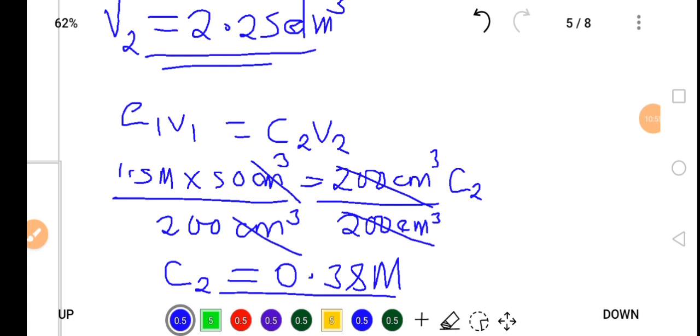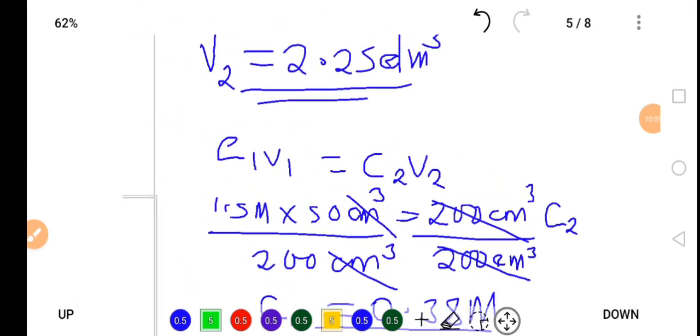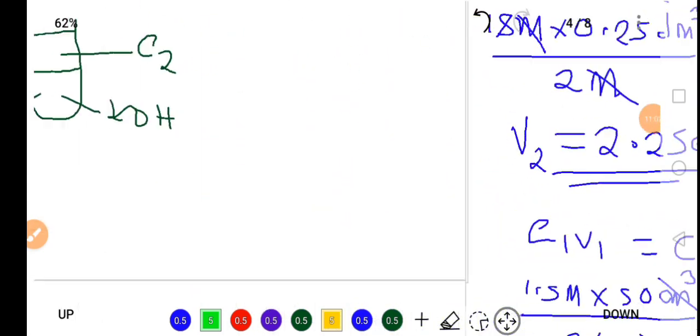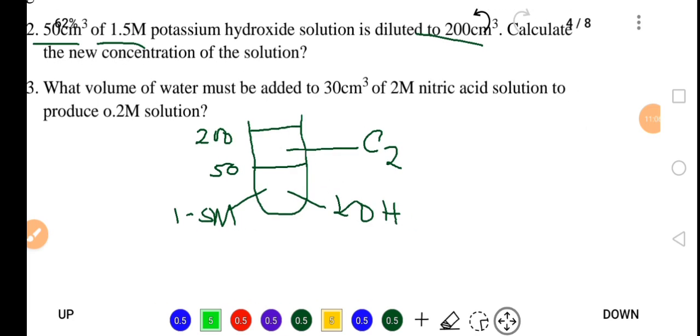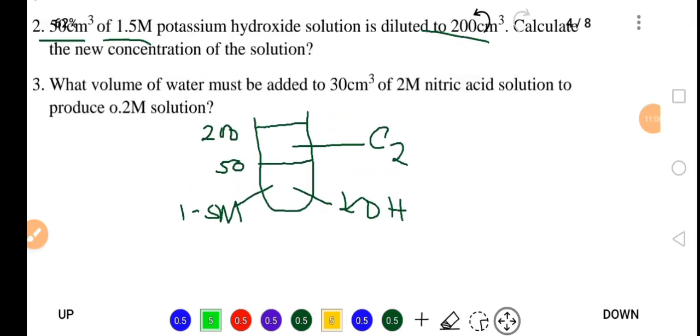We can go to the third question, or maybe the third question I can leave for you to answer, because I understand these things are not difficult. What volume of water must be added to 30 centimeter cubic of 2 molar nitric acid solution to produce 0.2 molar solution?